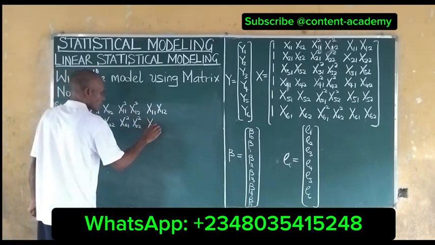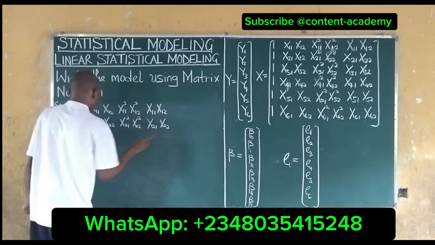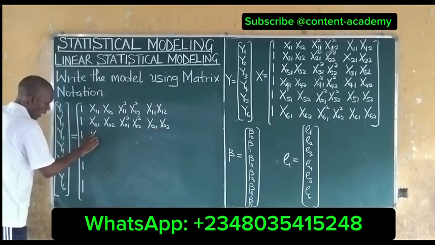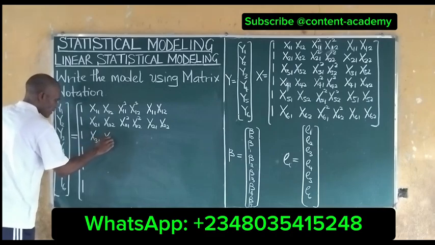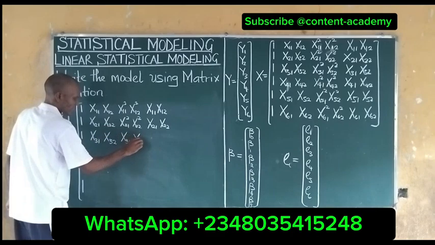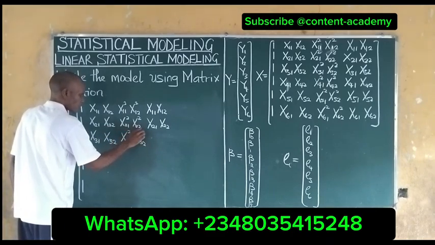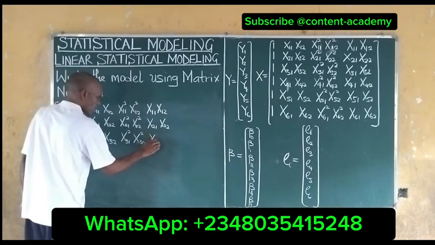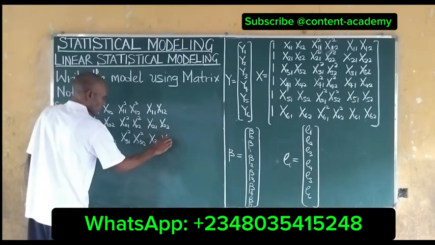Then x21, x22. We come here, x31, x32, x31, x32. This is square, this is square. Then x31, x32.